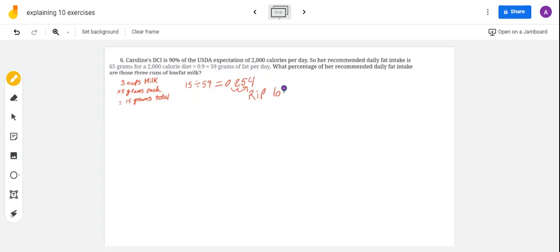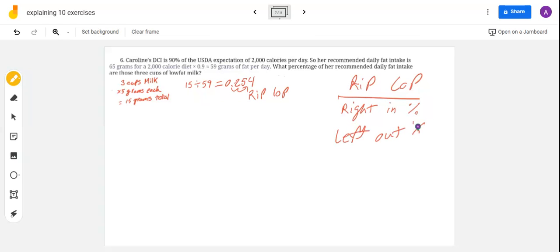RIPLOP. So RIPLOP stands for Right in percent, Left out percent.